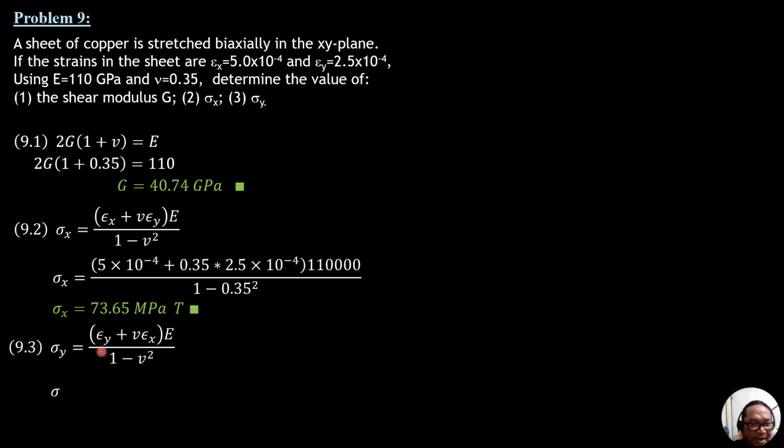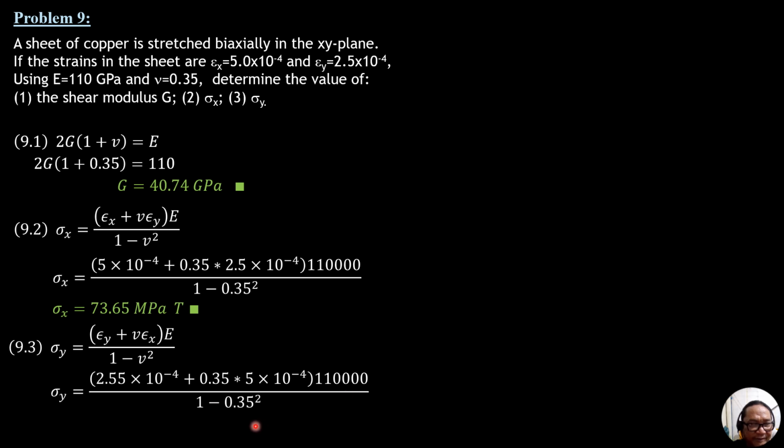So sigma y is 2.5 times 10 to the negative 4 plus 0.35 times 5 times 10 to the negative 4, 110,000 over 1 minus 0.35 square. So sigma y is equal to 53.28 megapascals, also in tension. That's it for that problem.